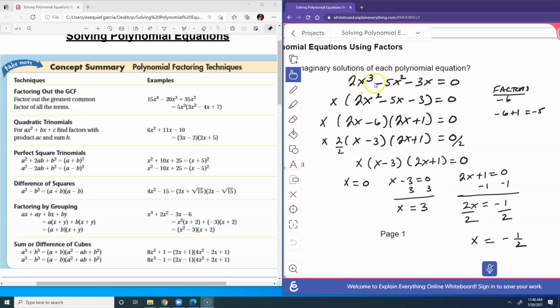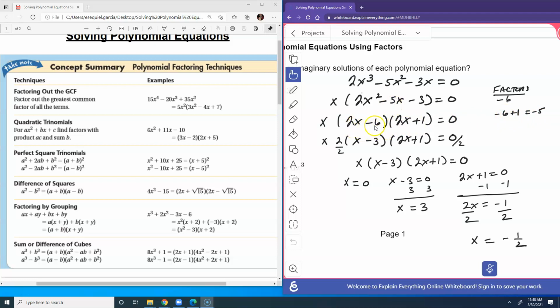So I have 2x cubed minus 5x squared minus 3x equals 0. So I factor out x, and I'm left with 2x squared minus 5x minus 3. You're going to multiply 2 times negative 3, which gives you negative 6. Find the factors of negative 6, which are negative 6 and 1. So negative 6 plus 1 gives you negative 5, because that's what you want here in the middle.